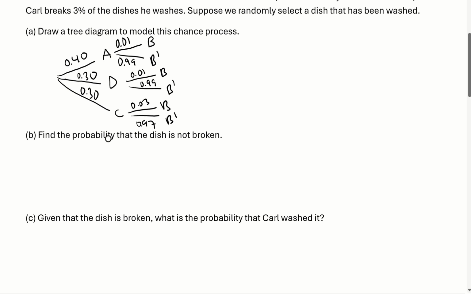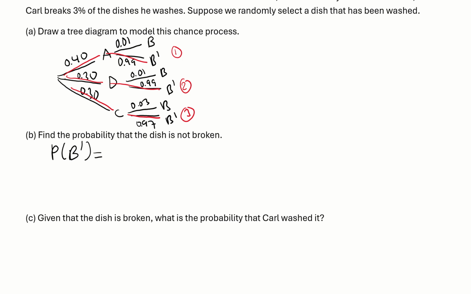Find the probability that the dish is not broken. So the probability that it's not broken, B prime. So again, we have to travel here for not broken, here for not broken, and here for not broken. So we have to travel each of those pathways. Pathway 1, pathway 2, and pathway 3. And then we have to combine those pathways, right?